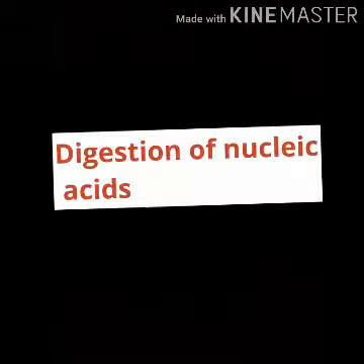Today we'll be discussing the digestion of nucleic acid, and we'll be covering a lot of topics in this section. Before we start, let's build on what you already know. What have you known about nucleic acid?